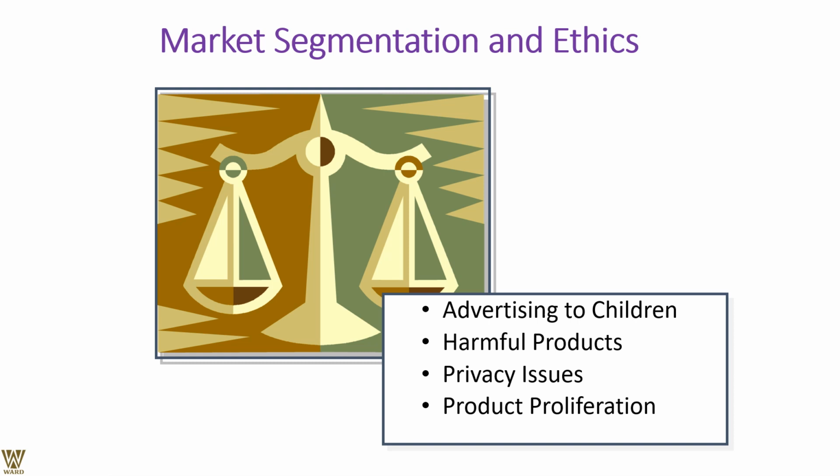Market segmentation and ethics are things that need to be addressed and kept in mind before embarking on any situation, and I would love to present it to you. First and foremost is advertising to children. Please keep in mind what products are suitable for children.